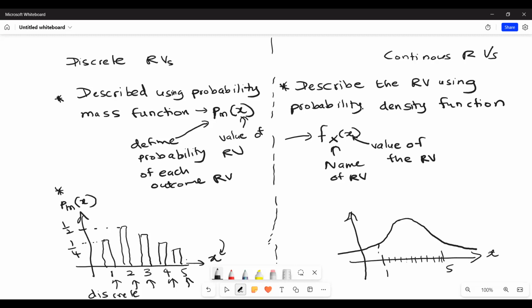So the probability that this value, which is 1, for example, can occur, can be given from this probability density function graph, right? And we will discuss this probability density function further as well.